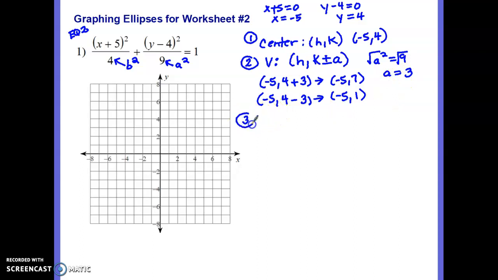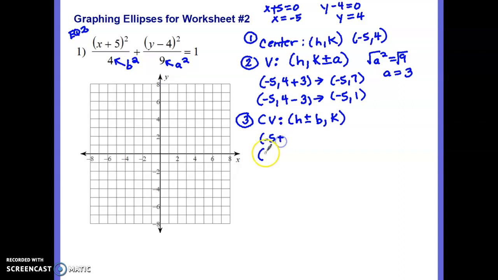Okay, step 3, we're going to find our co-vertices. To find my co-vertices, I look to see what the formula is, and it is (h plus or minus b, k). All right, there's your formula. So I'll go ahead and set it up. h, we already know, is negative 5.